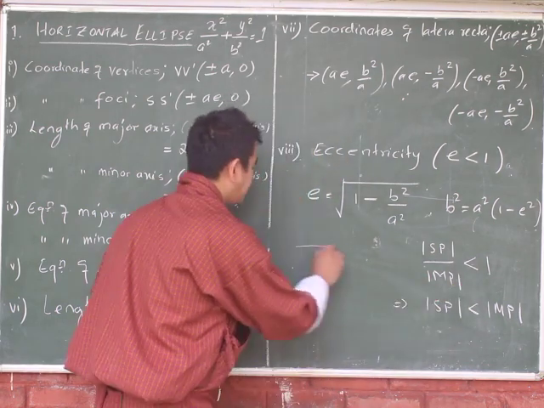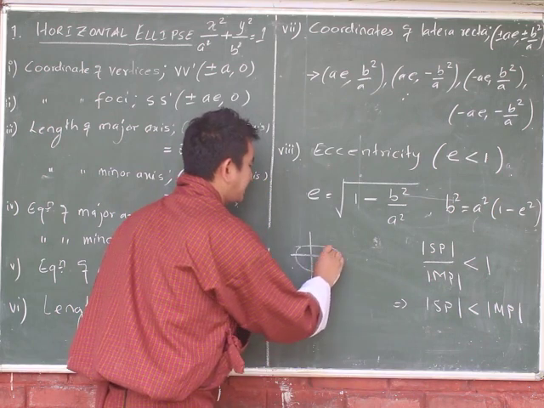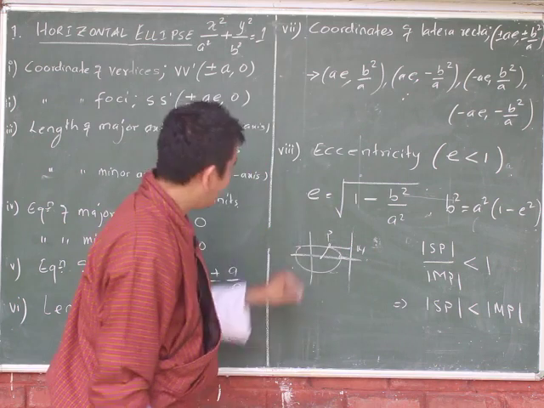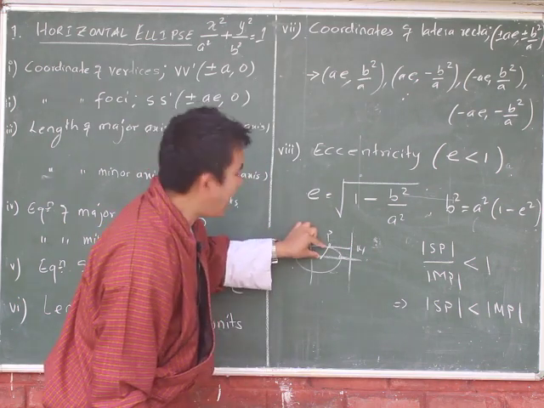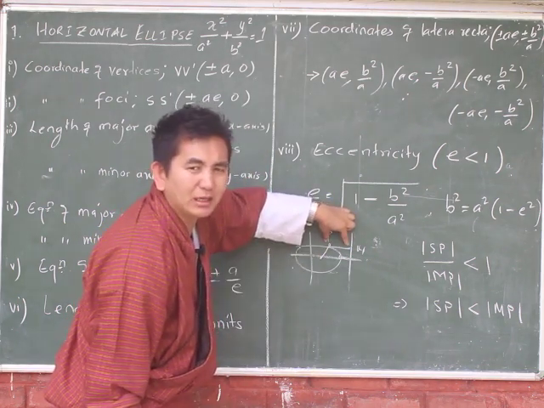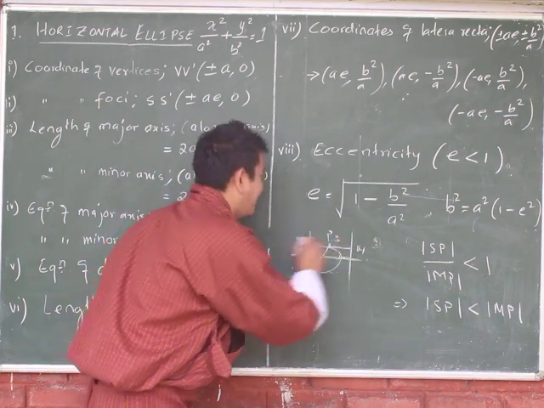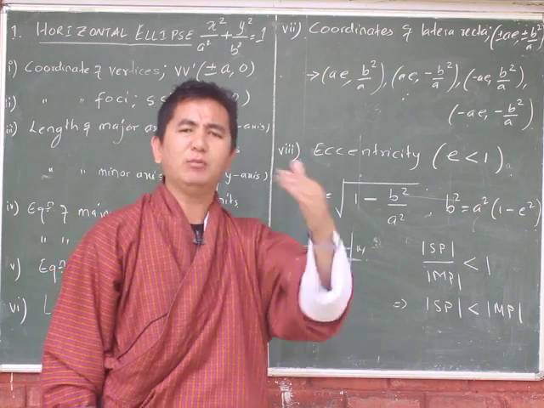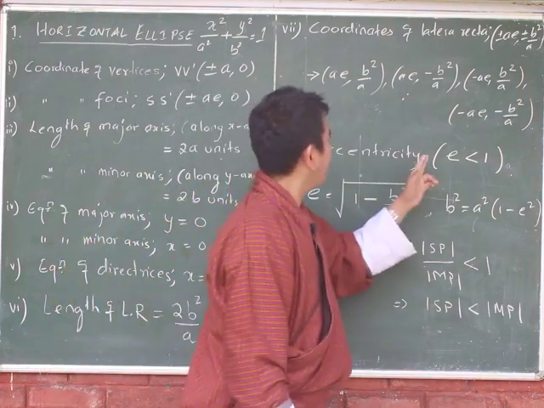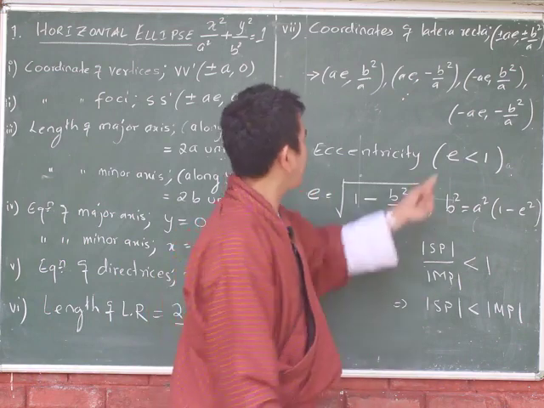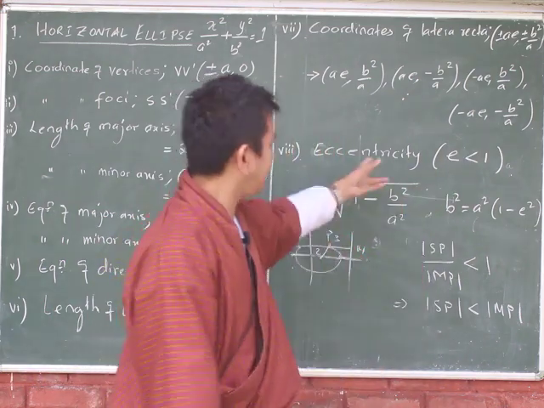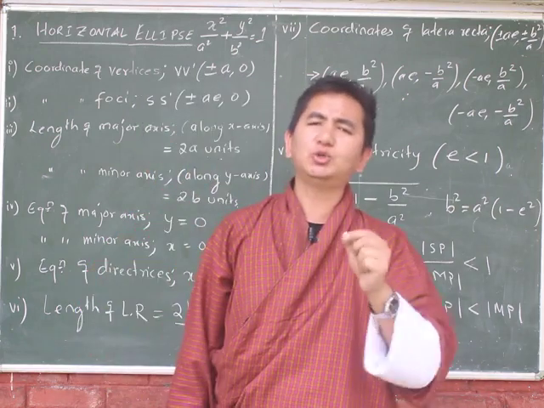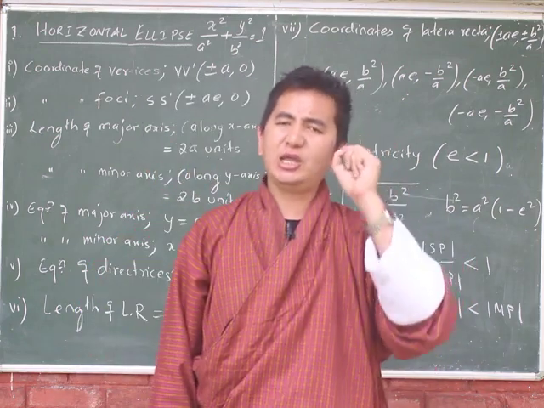So if this is a horizontal ellipse, from S to P and P to M, this distance SP will be always less than MP. If this is 2 units, MP becomes 3 units. Then only 2 divided by 3, the value will come less than 1. That is why in case of ellipse, eccentricity value is always less than 1.